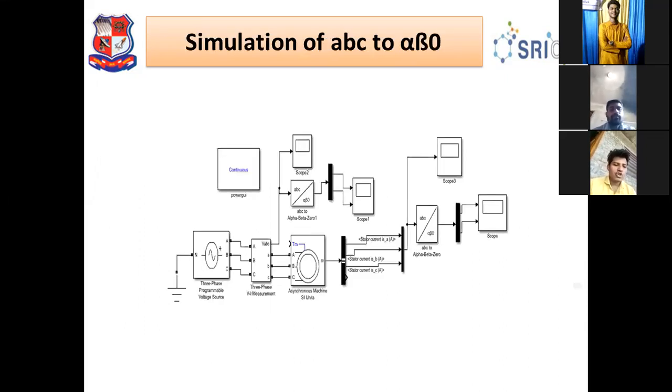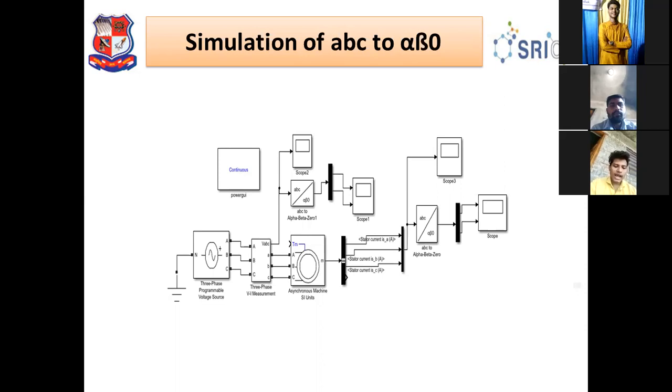This is the simulation of the three-phase induction motor. In this simulation, Powergui is used for continuous signals. Now, a three-phase voltage source is applied to the three-phase induction motor. A three-phase VI measurement is connected with the supply. In scope 2, the three-phase voltage signal is displayed.